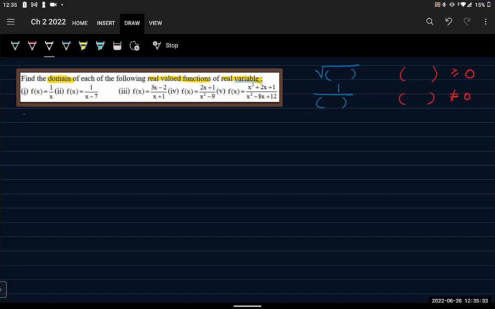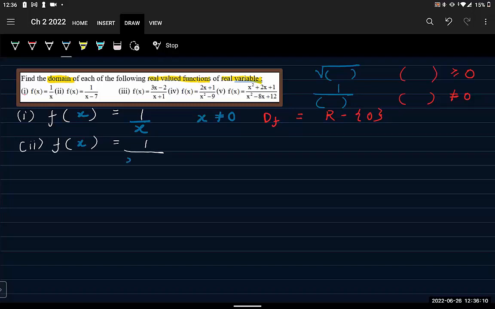Looking for the first question, here f of x is equals to 1 upon x. Since we're getting the second condition over here, we can directly say x cannot be equals to 0 and x takes all other values. So domain of this function f would be all real numbers except 0. Now looking for our second, here f of x is equals to 1 upon x minus 7.